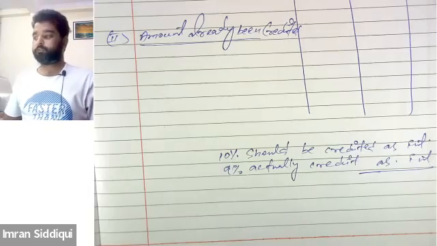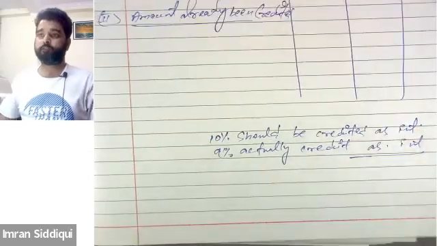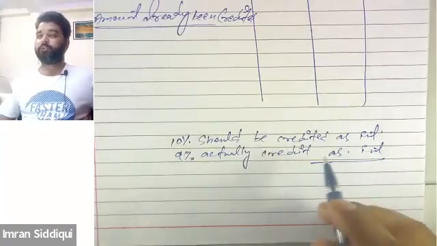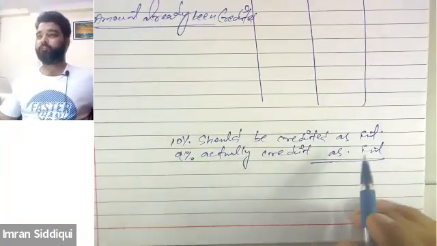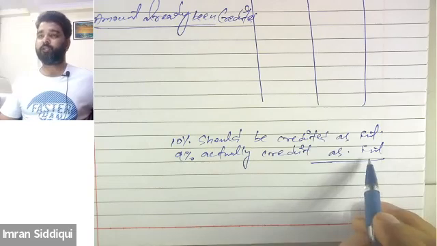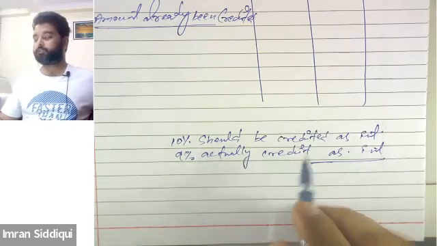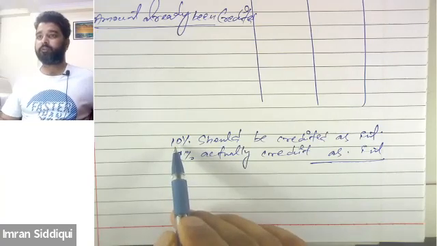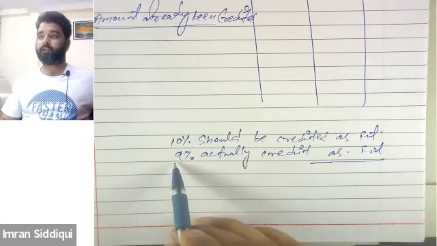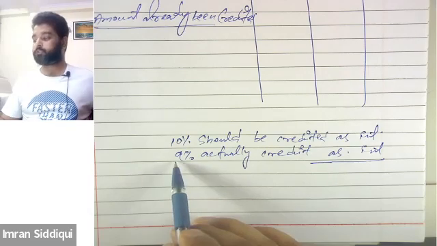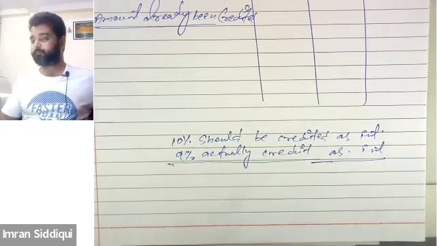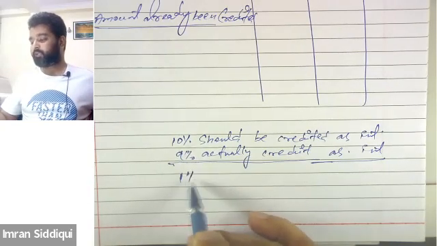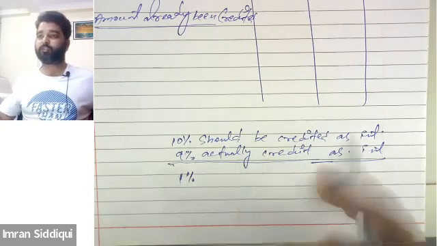See, let me explain this question to you again. In this question, what is happening? The question is saying that 9% of interest on capital is actually credited instead of 10%. That means partners should have got 10% interest on their capital, but they only got 9% as interest on capital. That means there is a difference of 1%. 1% is the amount that they did not get as the interest on capital.